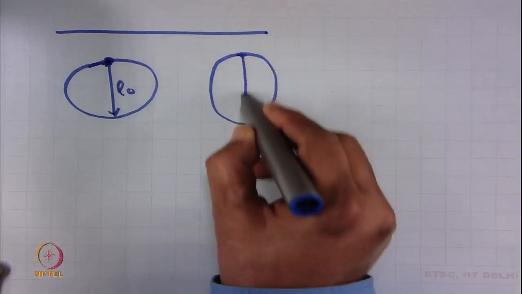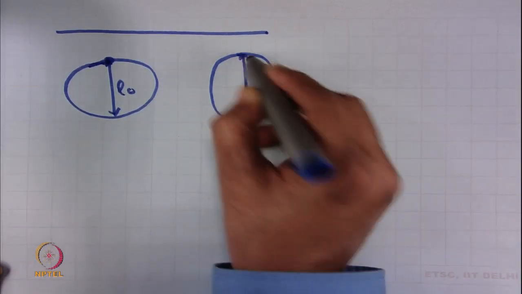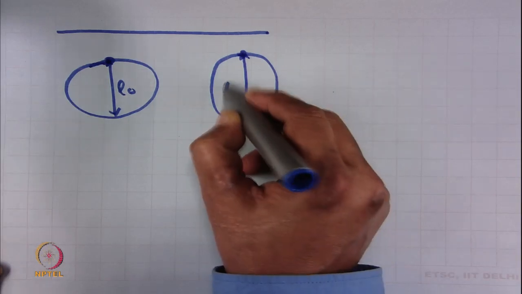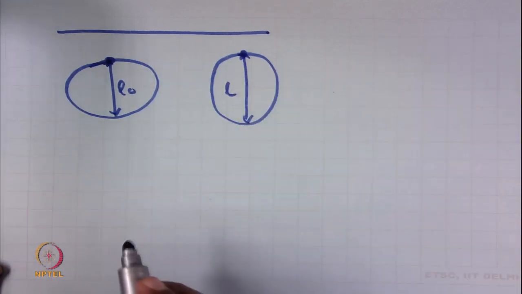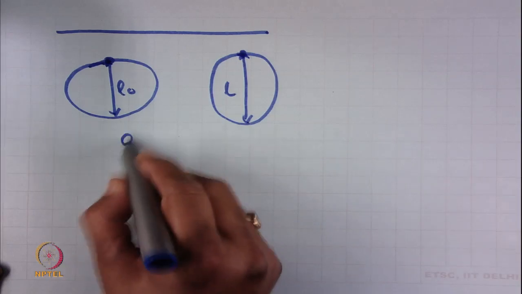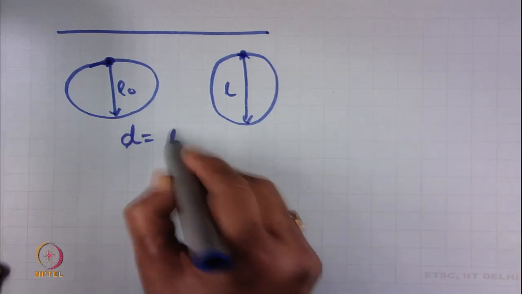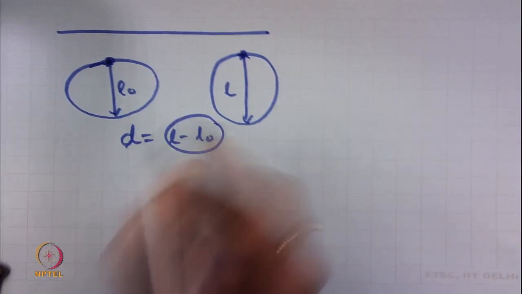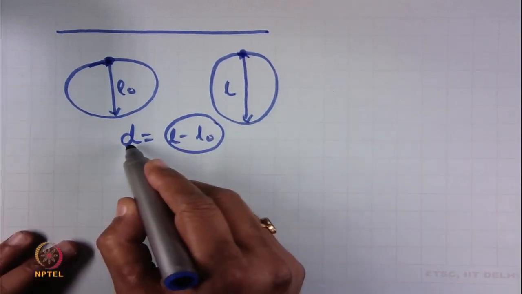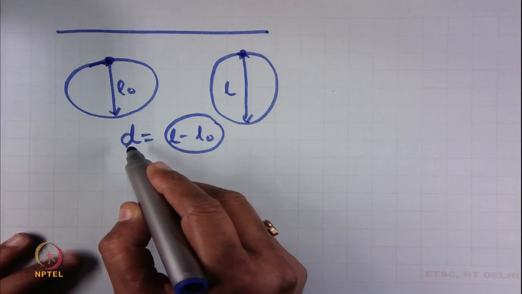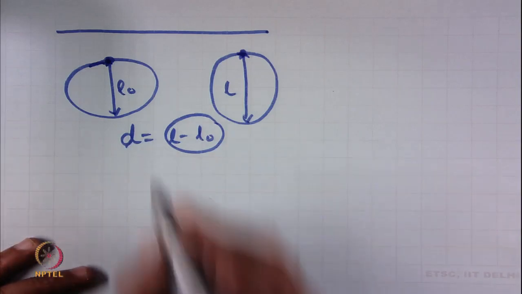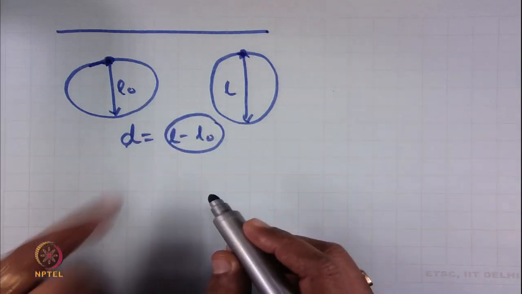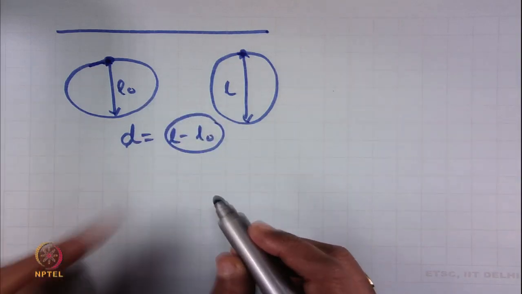So, this length from the point of grip to the farthest point is L. So, the difference between L and L0 is the deformation D. Using this value D, we can calculate the stiffness of the fabric. This formation is called the ring loop.